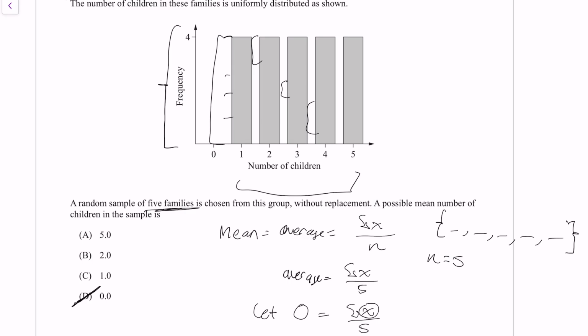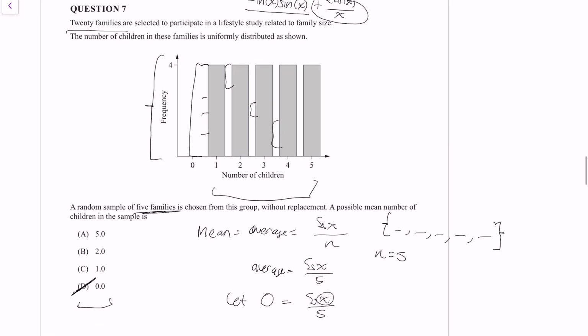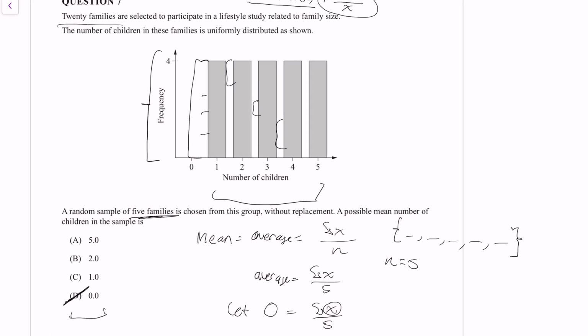Right, so I believe when I did this question during the exam, when I was a bit stumped by it, I just used process of elimination based on common sense. Okay, so we found what the lowest possible option was. What about the highest possible option? Well, the highest option here is 5, but is that really possible? Let's try.